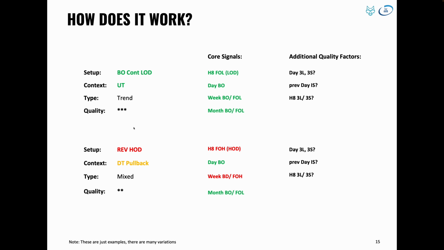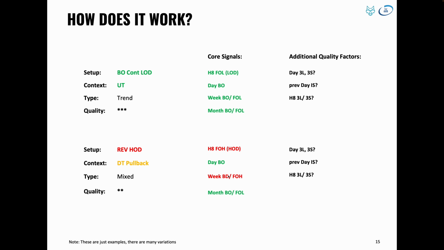Next example, reversal high of the day. Let's look at that. It's yellow, downtrend pullback. That is because we have the week in breakdown, for example, fake out high. It's mixed because the month is in breakout, but we get a breakout day. So the week is for the context, the core weekly breakdown.